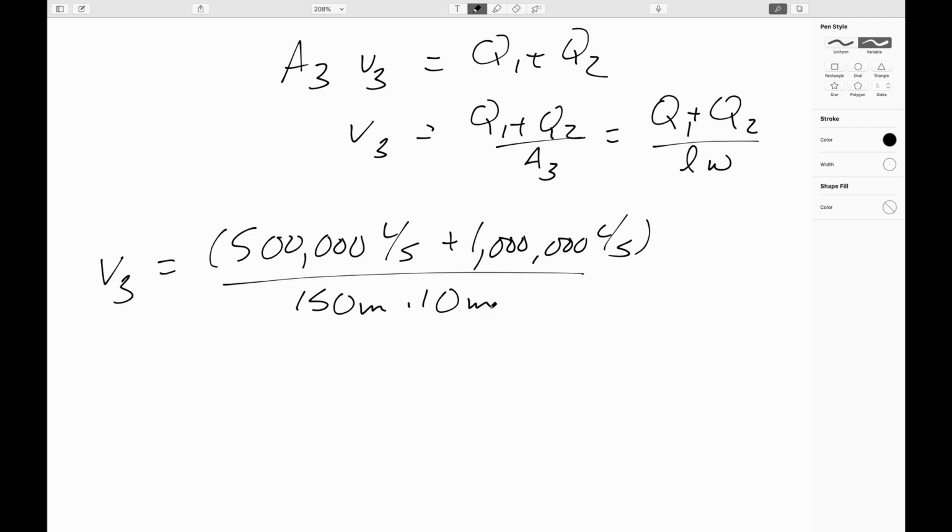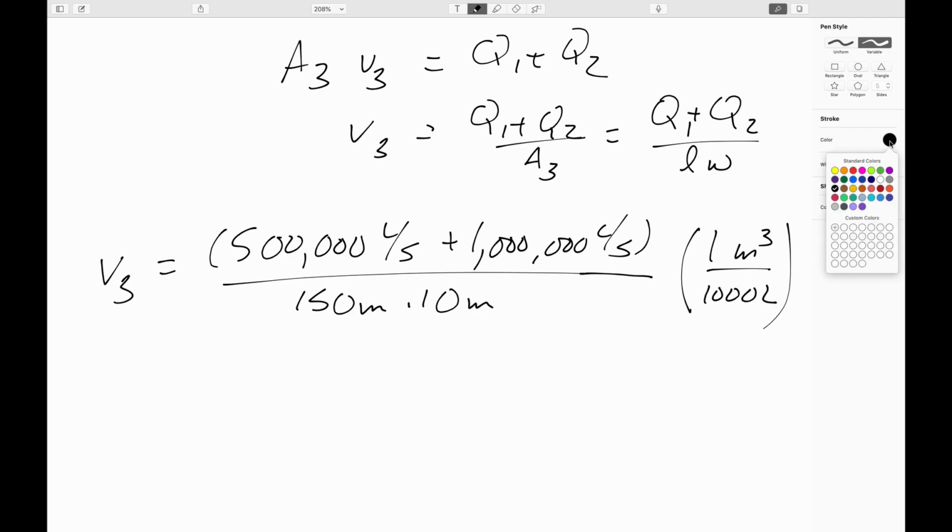All right, now you got to be careful here. Keep in mind that liters are cubic decimeters, not cubic meters. So you've got to convert your liters into cubic meters. So 1 cubic meter is 1,000 liters. So we can go ahead and do some cancel action here.